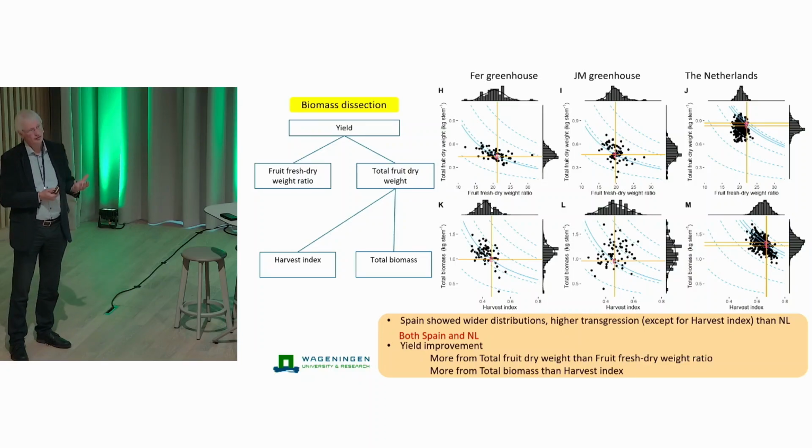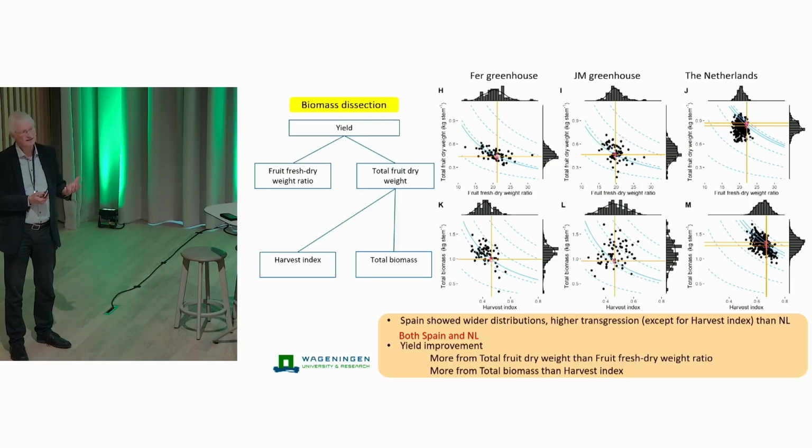But for both the Spanish experiment and the Dutch experiment, the yield improvement came more from a higher total fruit dry weight than from the fruit fresh dry weight ratio. And I would say that's good, because if it was from a higher fresh dry weight ratio, that would mean tomatoes which are more diluted with water, and usually that doesn't result in a better taste.